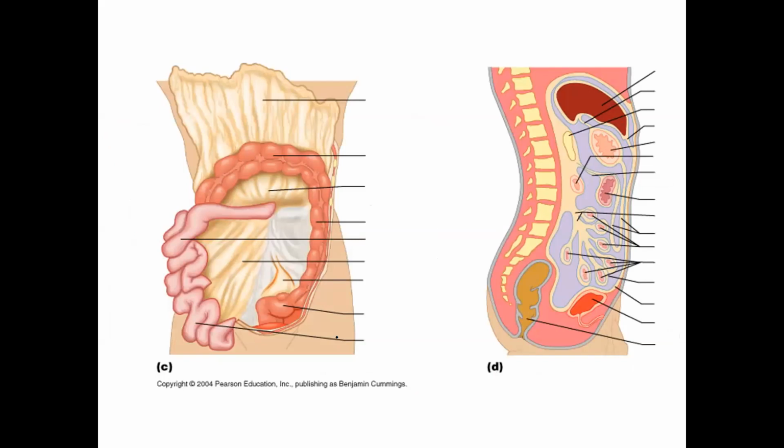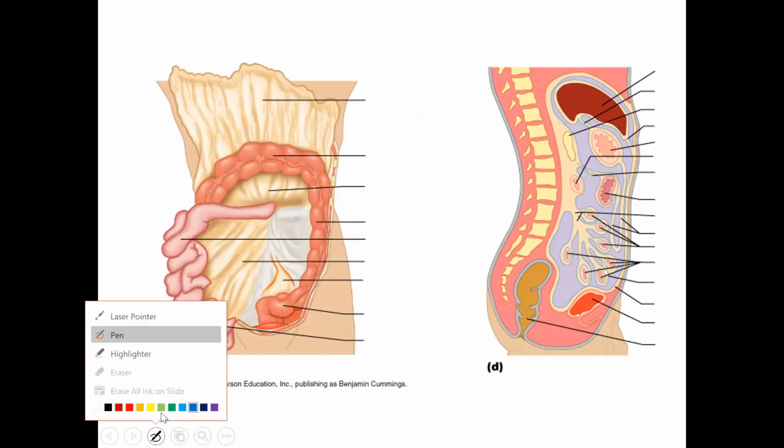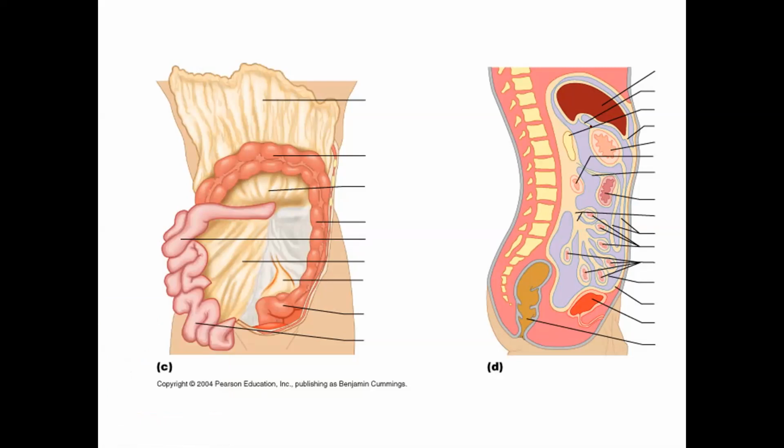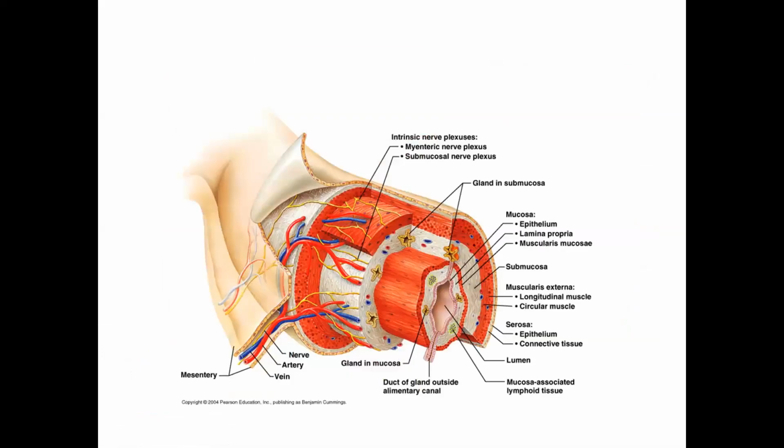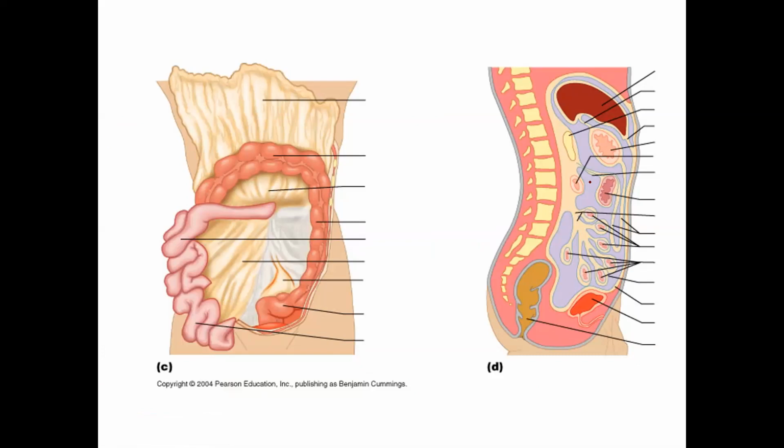All right. Number one is this one, which is the mesentery that connects the liver and the stomach.